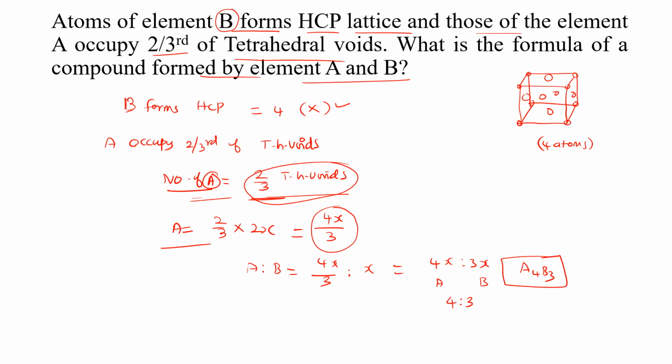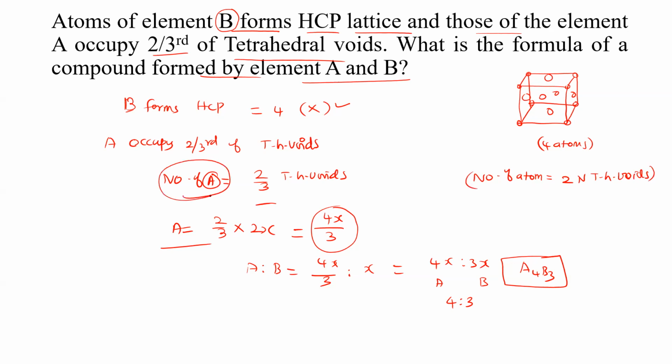Sir, can you explain that number of A, that step, sir? Where you took number of A is equal to 2/3 into 2x. Okay. Number of atoms is equal to 2n number of tetrahedral voids. Am I right? If number of atoms are n, then 2n number of tetrahedral voids.